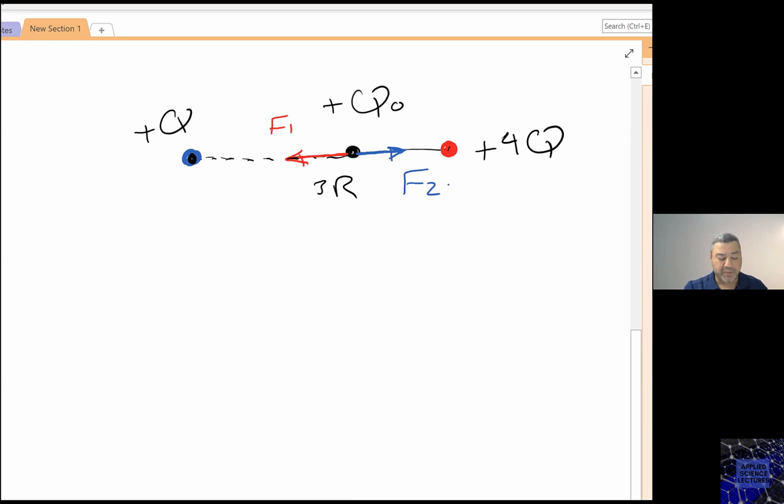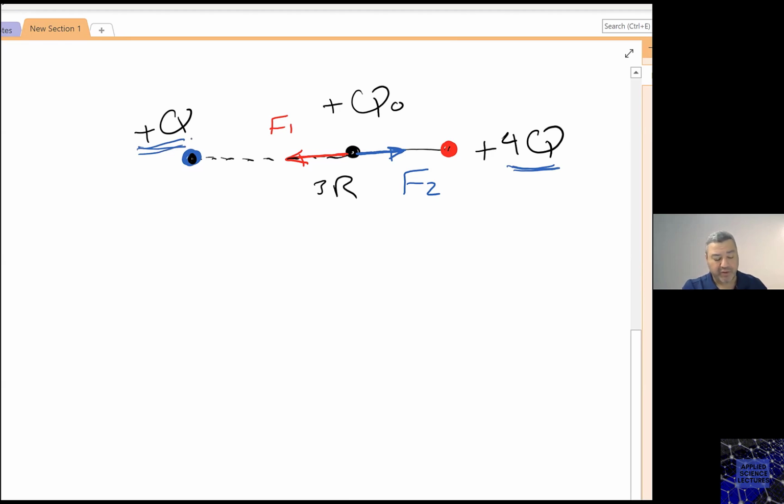Now, is it possible at a point between those two charges where F2 becomes equal to F1? Yes, it is possible. This charge is 4 times this charge.